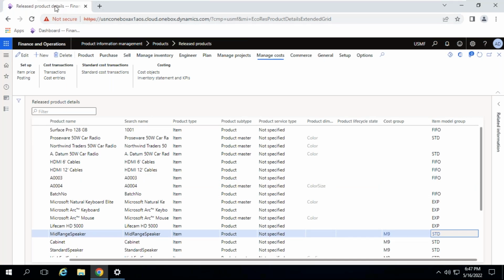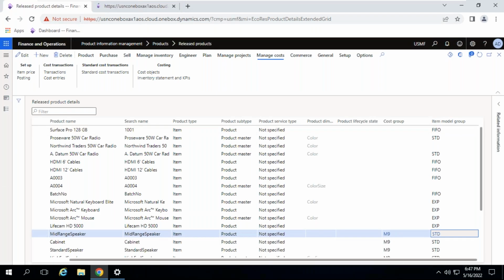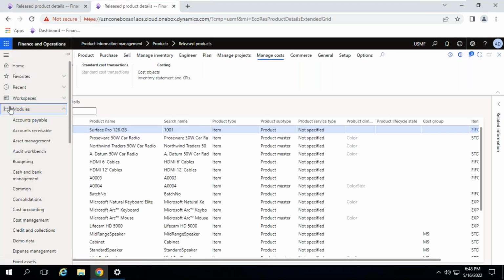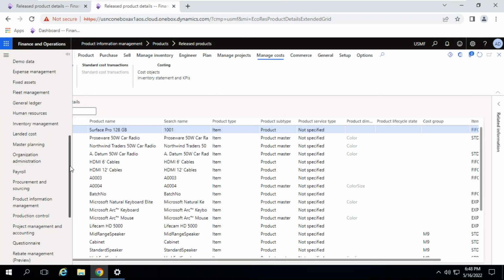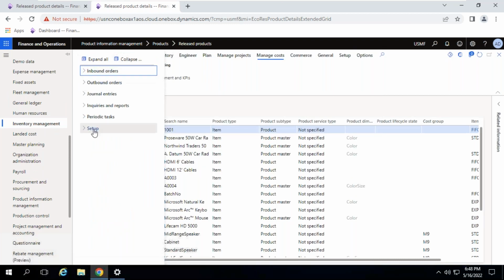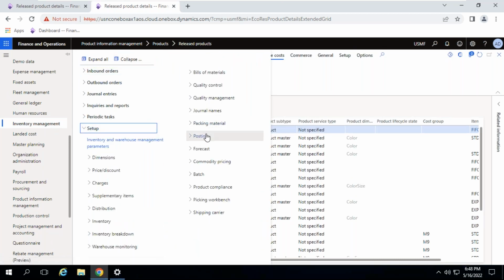Now let me go back, duplicate. If you are using the standard cost method, then go to inventory management, collapse all, setup, posting.